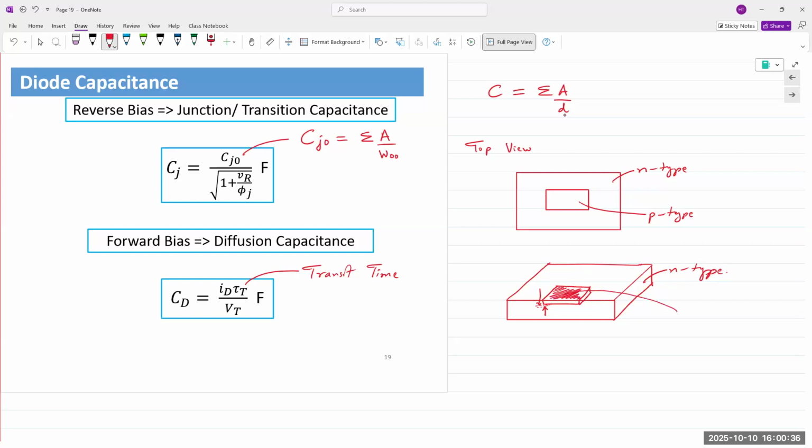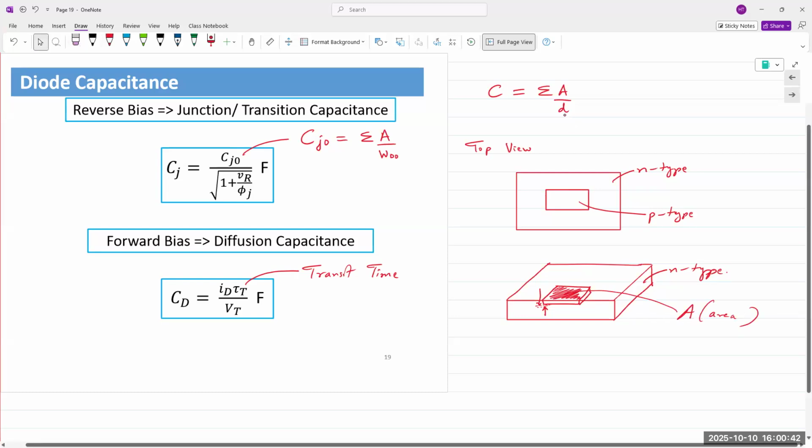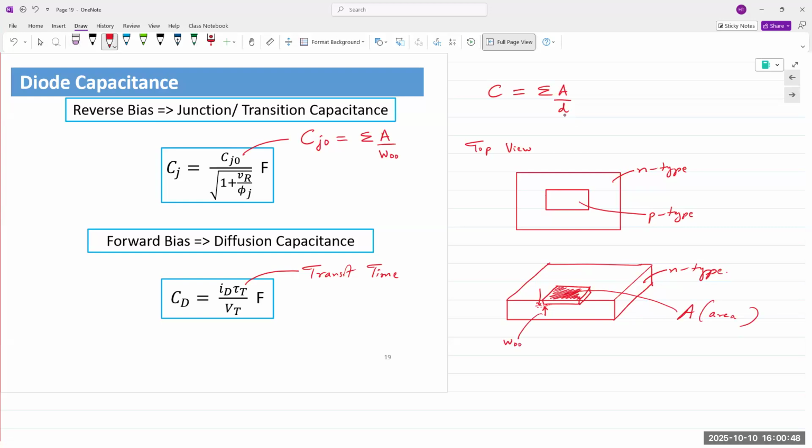So this is the area A, and the distance between the two plates is WD0. Hence, the capacitance in that PN junction, epsilon A over D, is the cross-section of the physical structure of that device divided by the junction depletion region width.